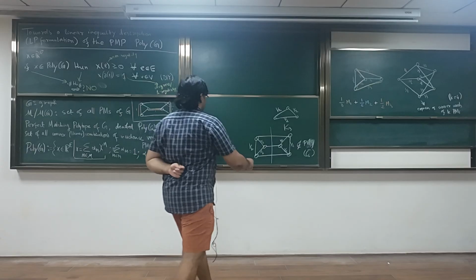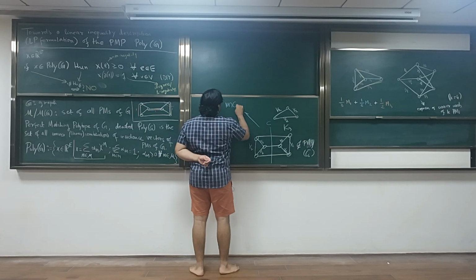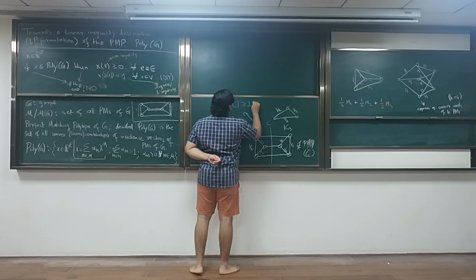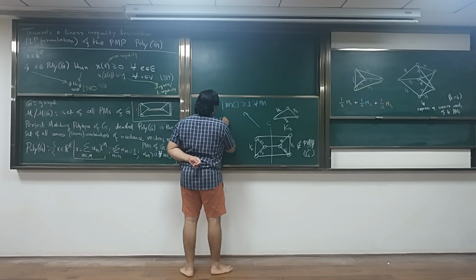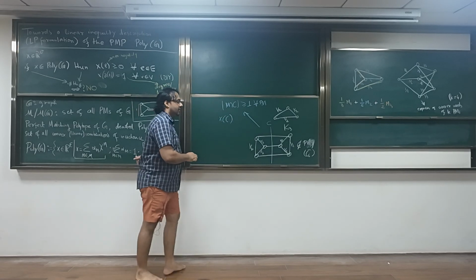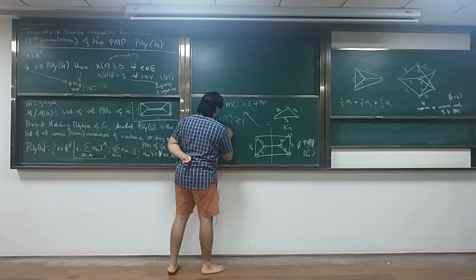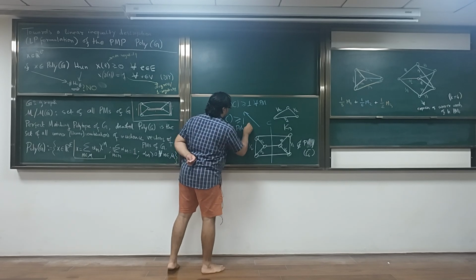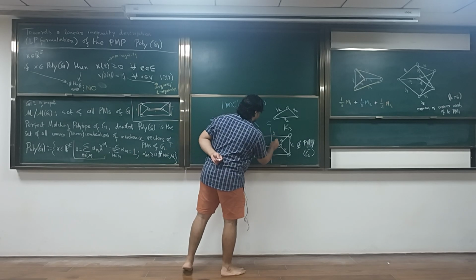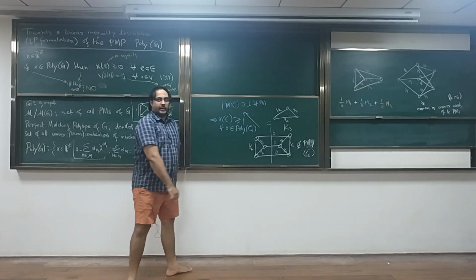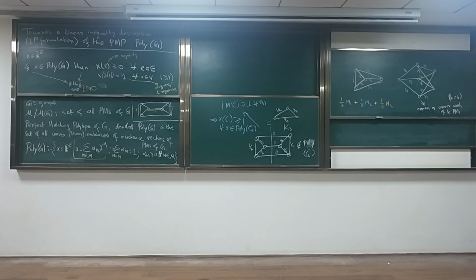If this is my cut C, then M intersection C is at least 1 for each perfect matching, and that means that the X along this cut should be at least 1 for any X in the polytope. But for this vector, it is 0 plus 0 plus 0, which is not at least 1. That's a contradiction. Okay, great.